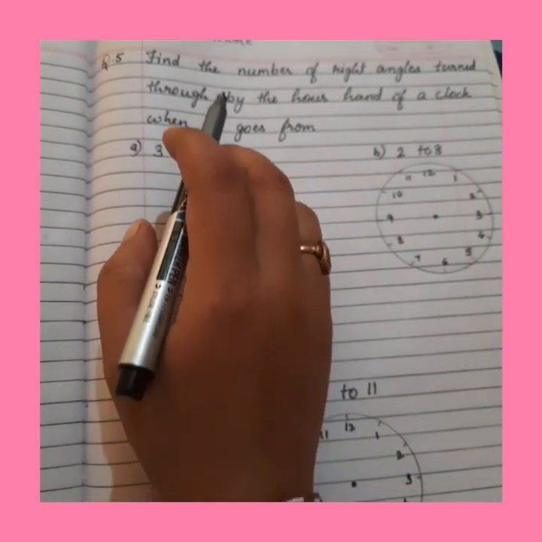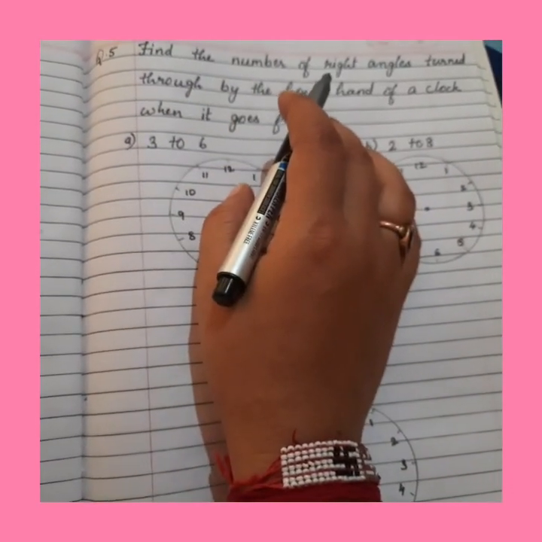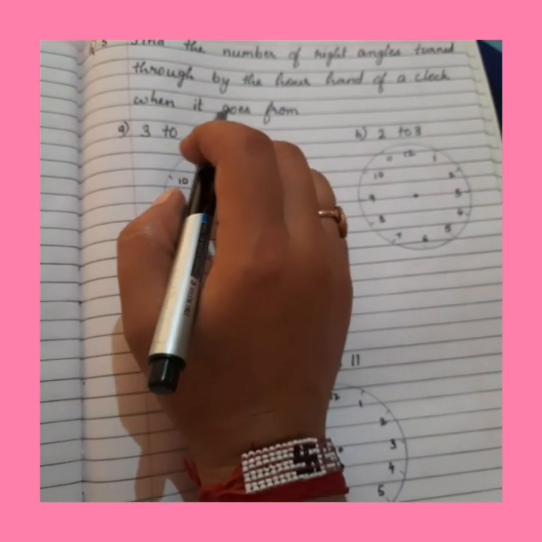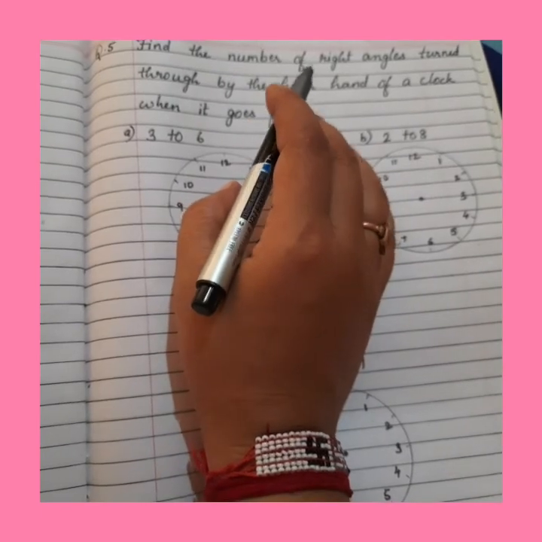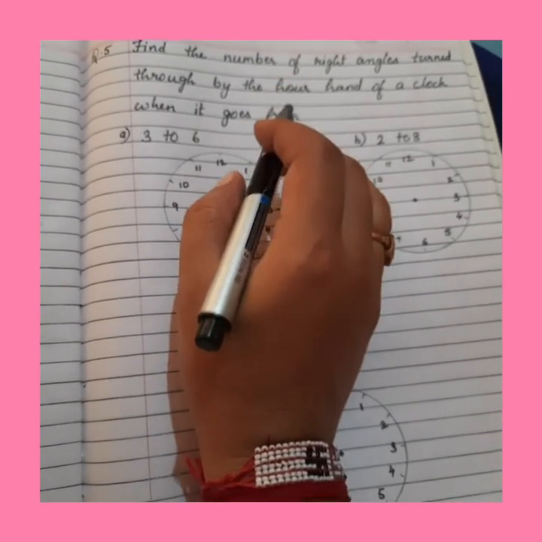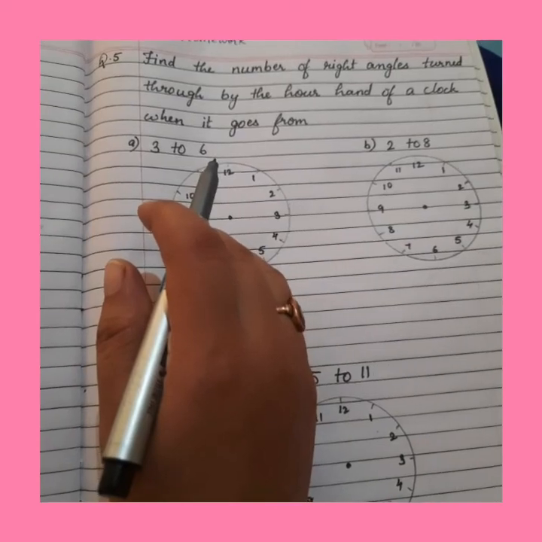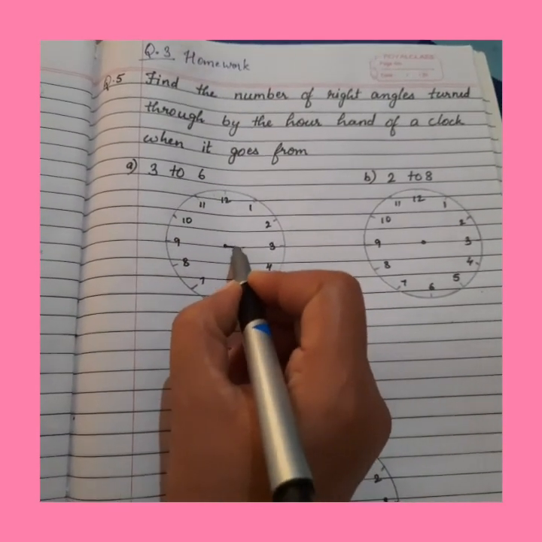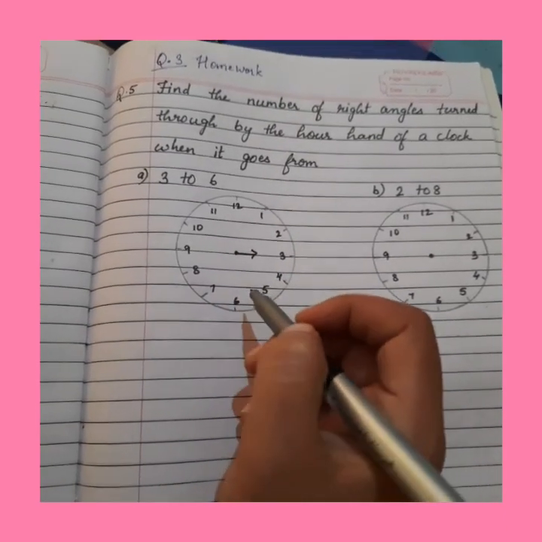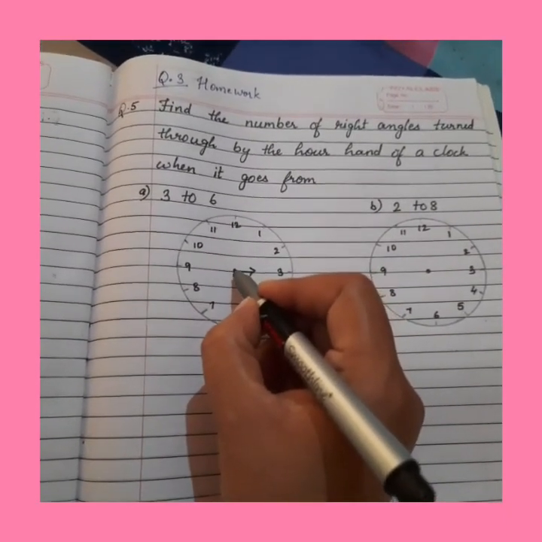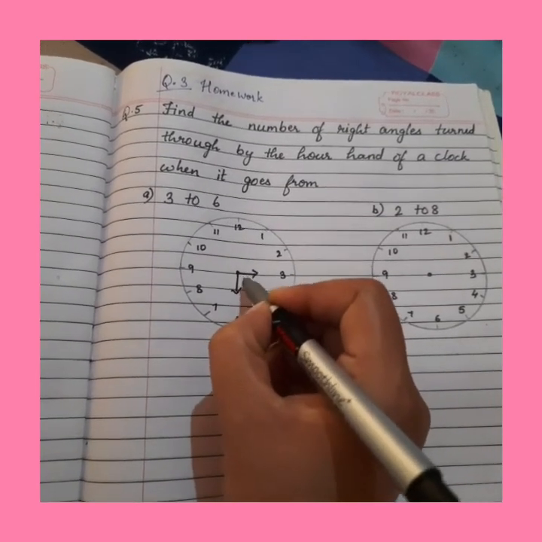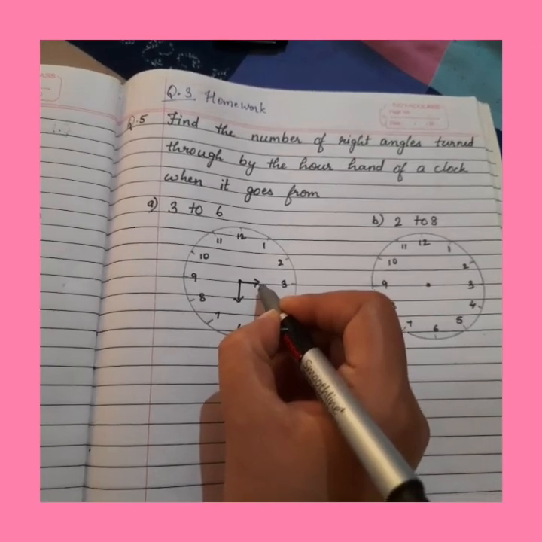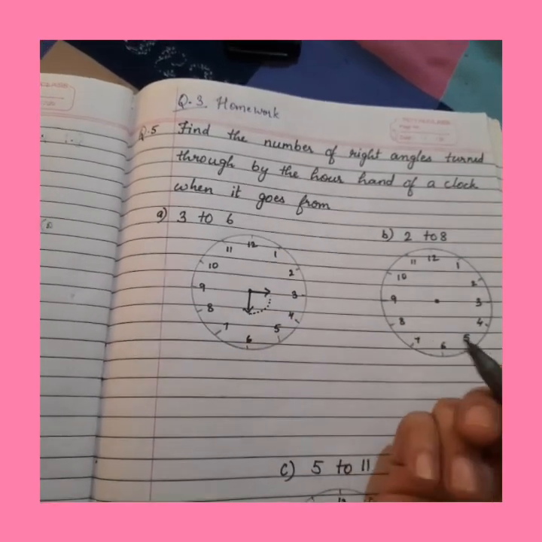The question is, find the number of right angles turned through by the hour hand of a clock when it goes from 3 to 6. First you point the arrow on 3 and it is reaching 6. As you can see, it is moving like this from 3 and reaching 6.